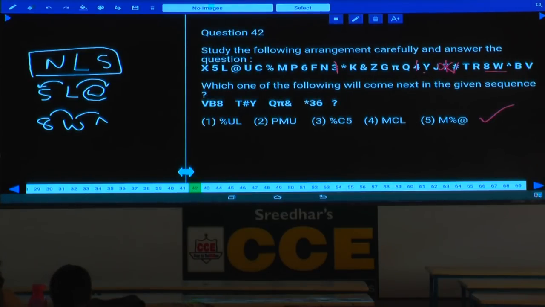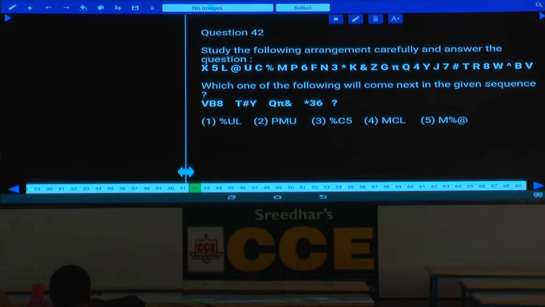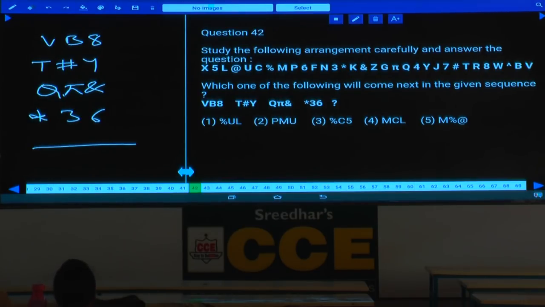Then question number 42, it is based on series VB8. Tell me what is the relation between the elements: VB8, T hash Y, Q Phi N, star 3 and 6. V and T, check out the first elements here.